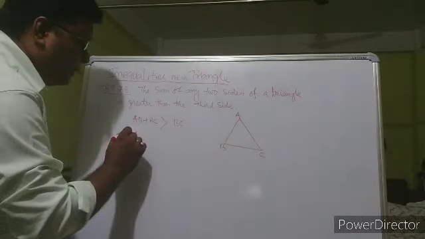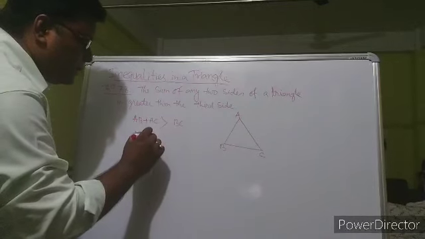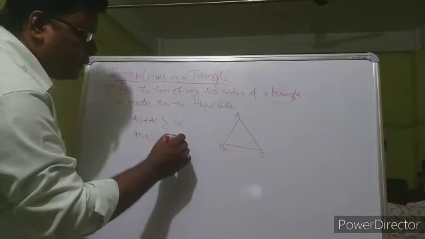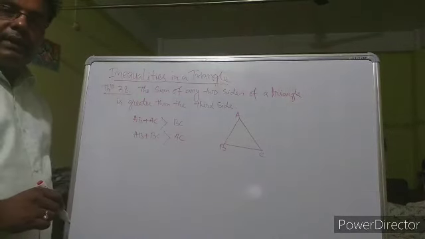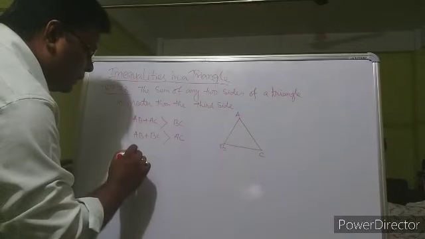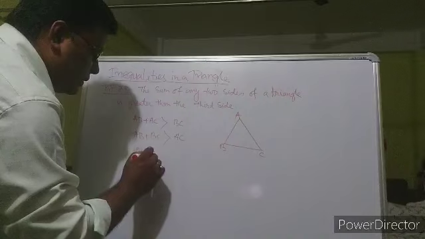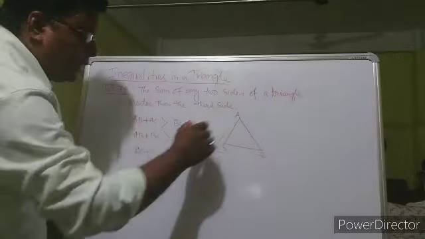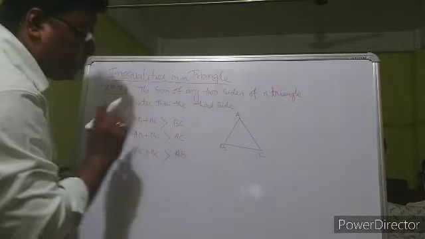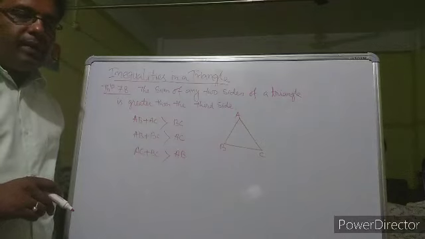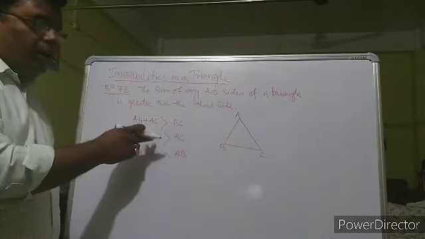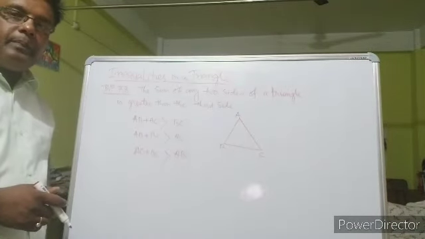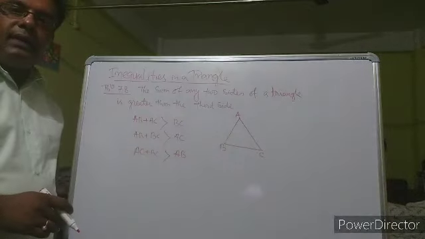Or if you add AB plus BC, it is greater than the third side AC. And if we add AC plus BC, it is obviously greater than the third side AB. So if we add any two sides of this triangle, it is greater than the third side.